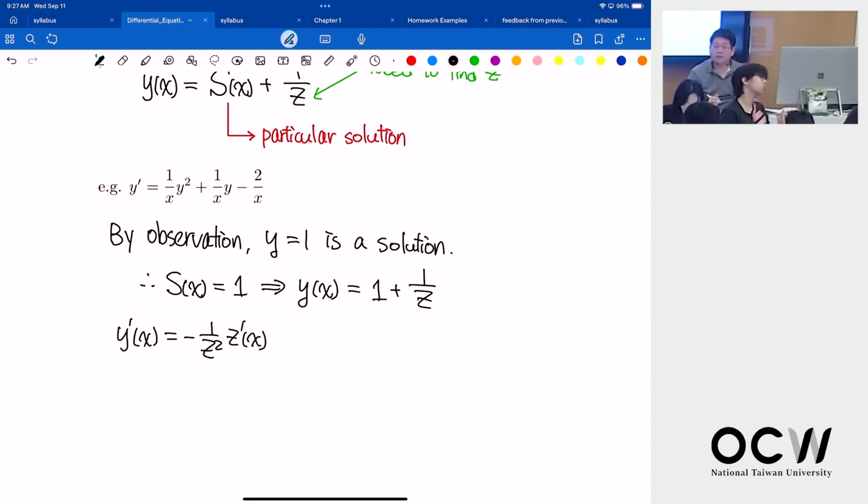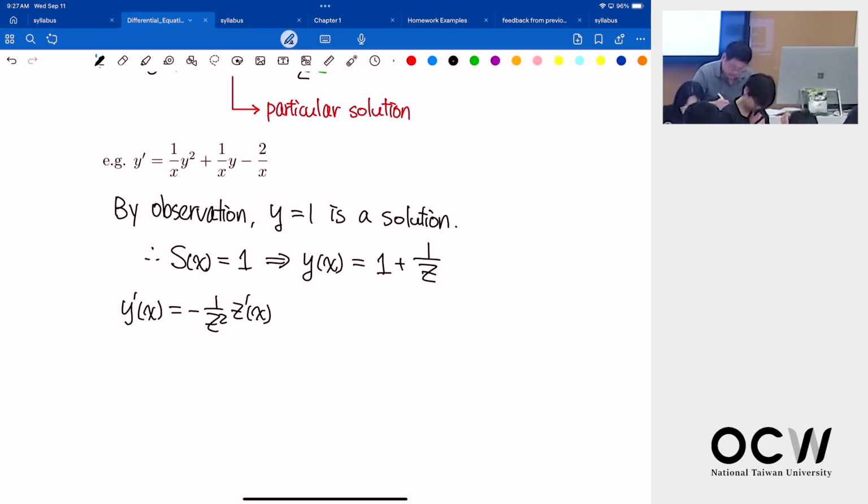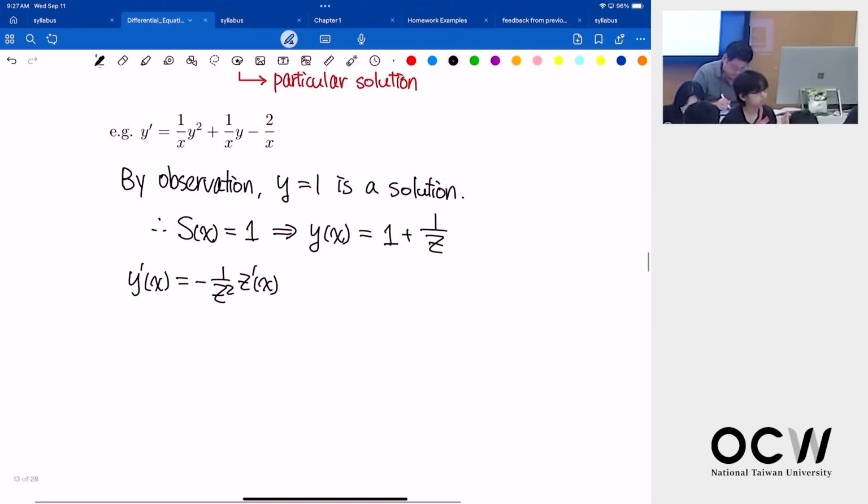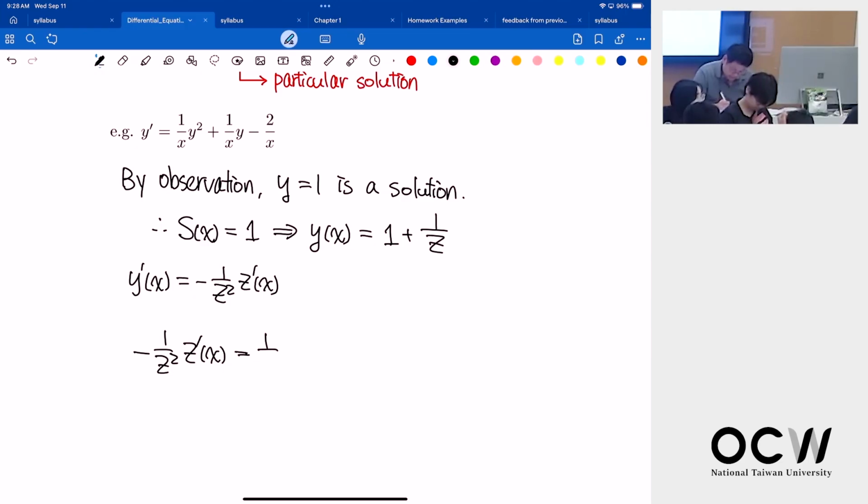Let me write it down again. So y prime equals 1 over x times y squared, where y is 1 plus 1 over z, squared.